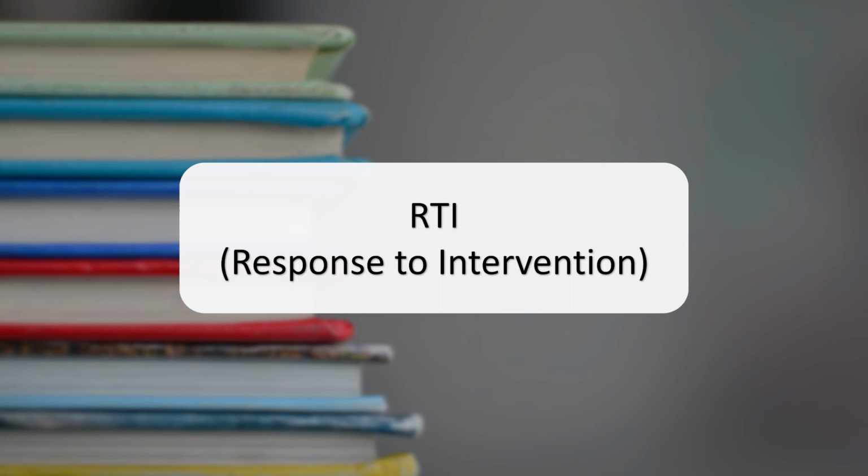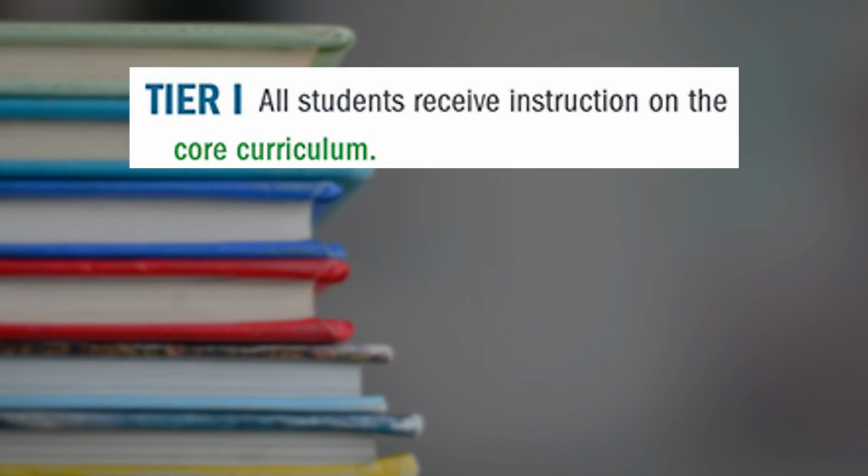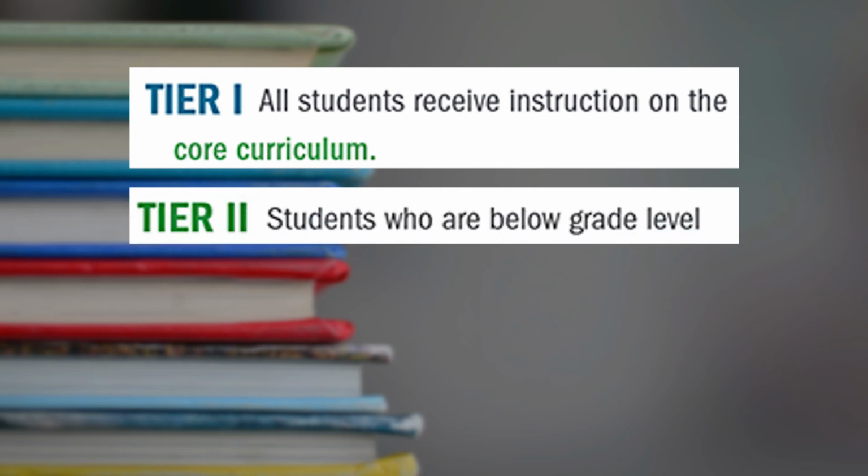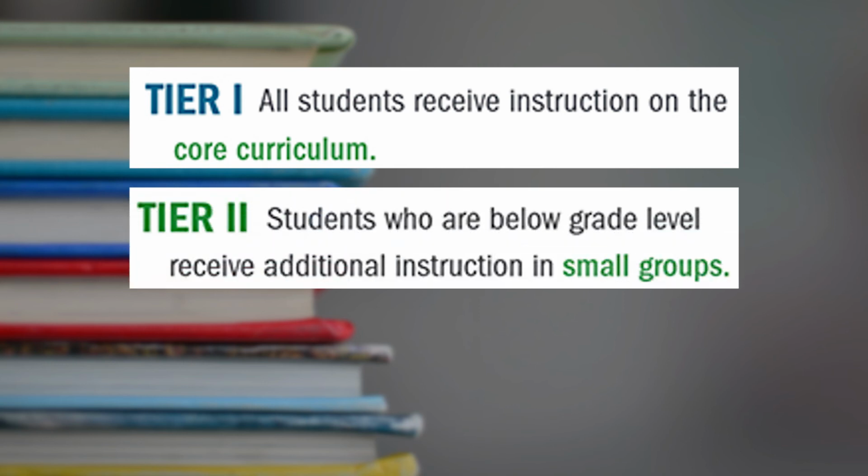Let us understand Tier 1, Tier 2 and Tier 3. Tier 1 is where all students receive instruction on the core curriculum. You don't pull out the student to provide the personalized learning support. They remain in the same curriculum, in the same classroom, but you provide support which is individualized in the classroom. Tier 2 is where students who are below grade level receive additional instruction in a small group.